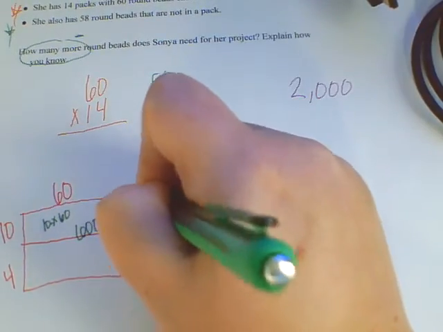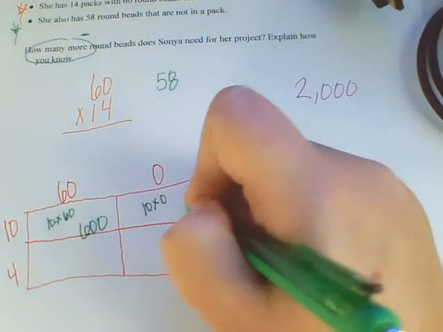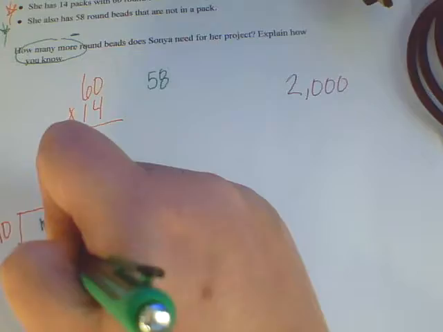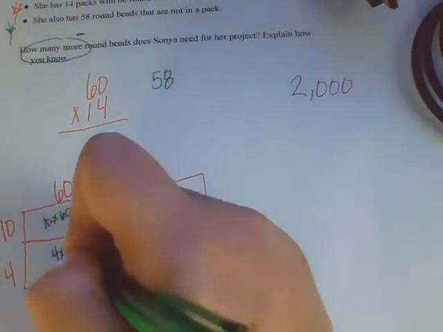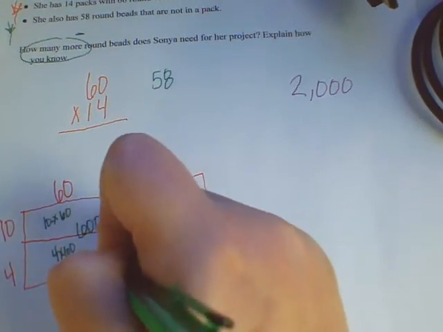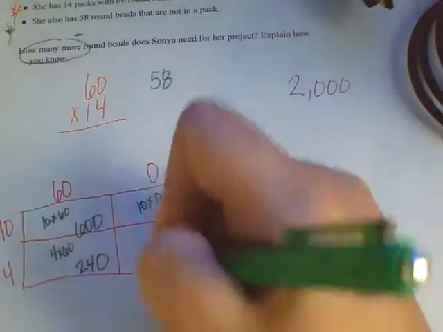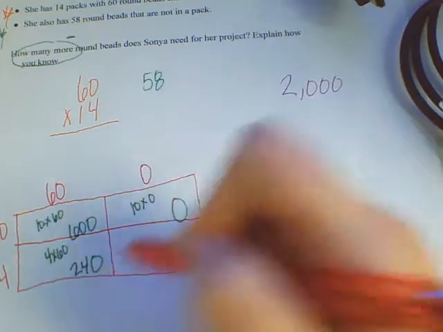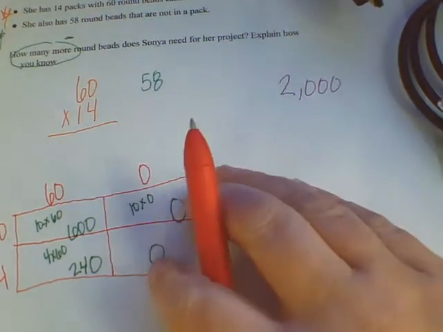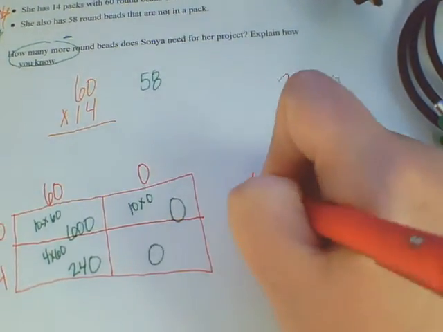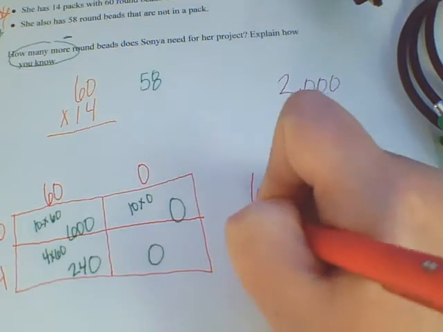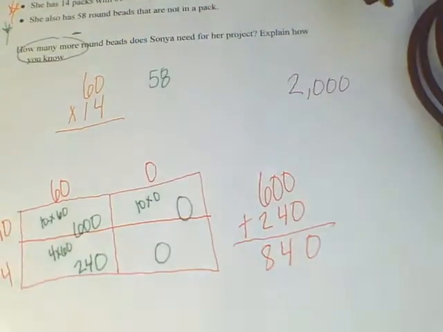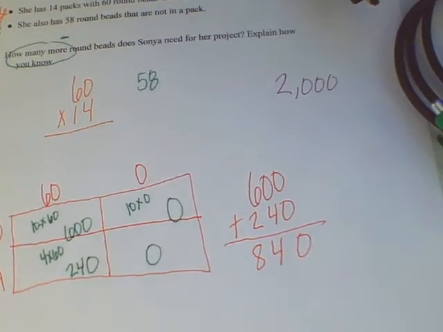I'm going to have 10 times 0. Anything times 0 is 0. I'm going to have 4 times 60, which if I know 4 times 6 is 24, I just bring my 0 down. And 4 times 0, which is 0. So now I have to take all 4 of these numbers and add them up. I'm not even going to put my zeros in because they don't matter. So 600 plus 240.